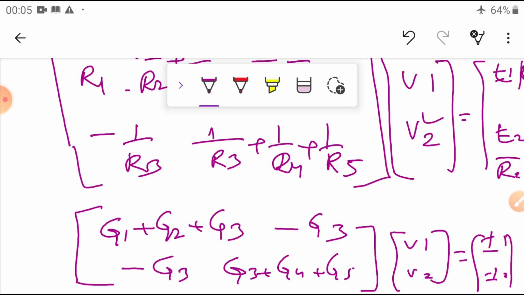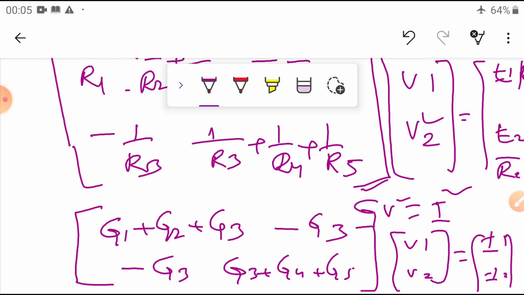So G into V is equal to I. Here I is known and G is known, and we are going to find the voltage. We can call it the admittance matrix.